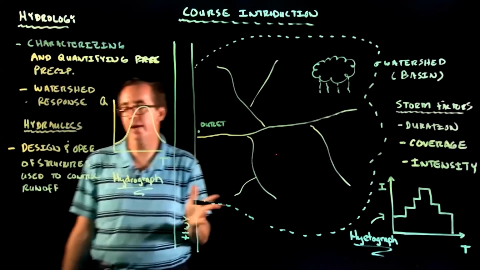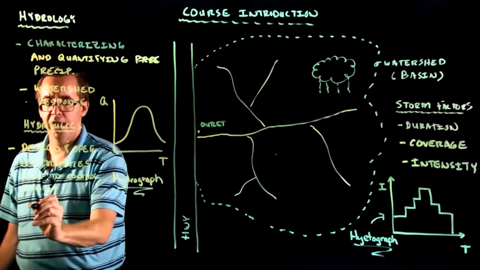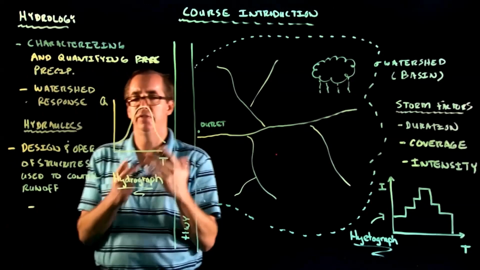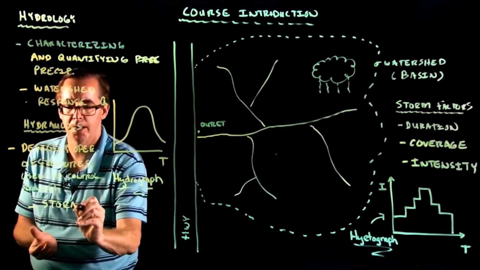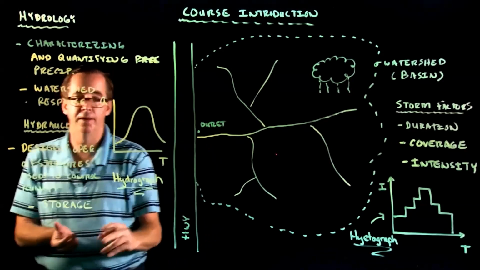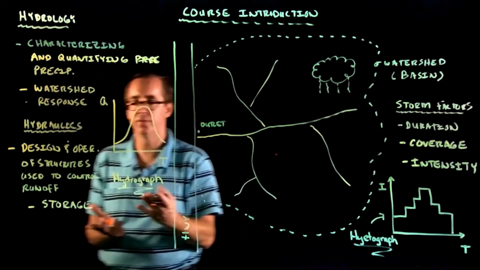And these structures could vary. Some structures are aimed at containing or storing the water. So we have storage types of structures. Examples of these would be detention ponds and retention ponds.